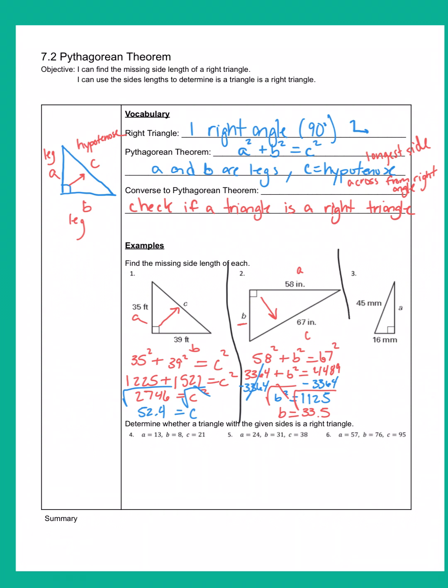And then one more like this. Okay, so in this one, I have an a listed here. This must be the b because the one right across from the right angle has to be the c value. So this time we have a squared plus, I know the b this time is 16, so 16 squared is equal to 45 squared.